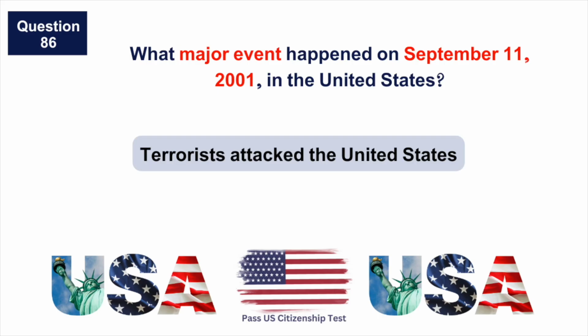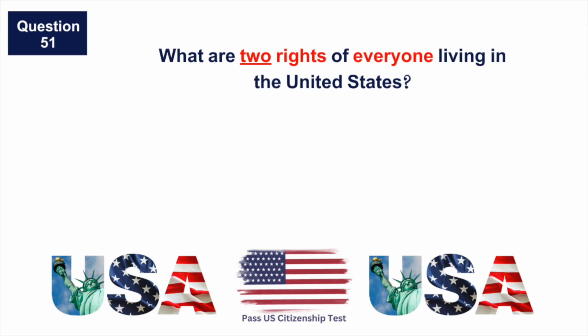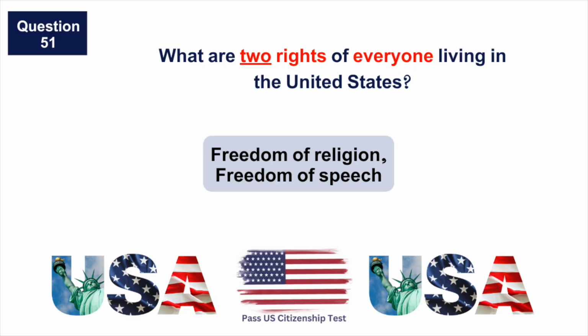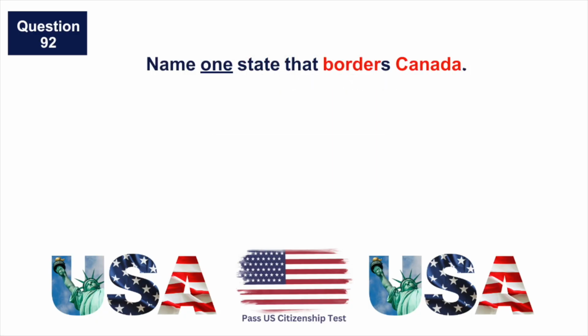Terrorists attacked the United States. What are two rights of everyone living in the United States? Freedom of religion, freedom of speech. Name one state that borders Canada. New York.